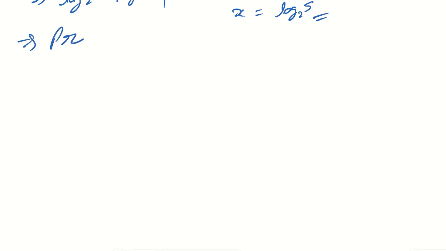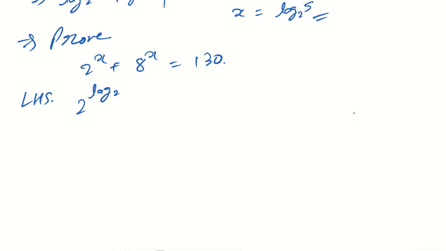Let us prove that. 2 to the power x plus 8 to the power x equal to 130, right? Now x is log 5 base 2. So I can write it down left hand side as 2 to the power log 5 base 2 plus 8 to the power log 5 base 2.